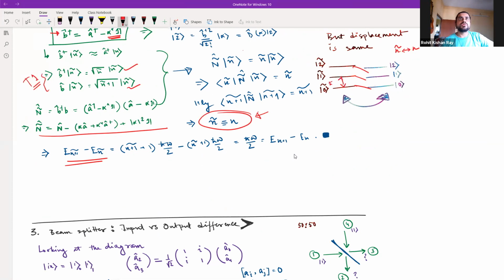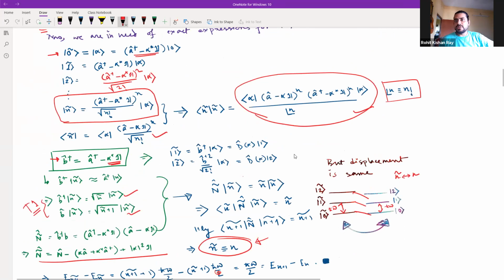Anyway, the gap remains the same. So the gap does not change. What the displacement operator does is shift the levels up or down, but it does not change the interlevel gap. So that is one interesting thing that we can learn from this problem.